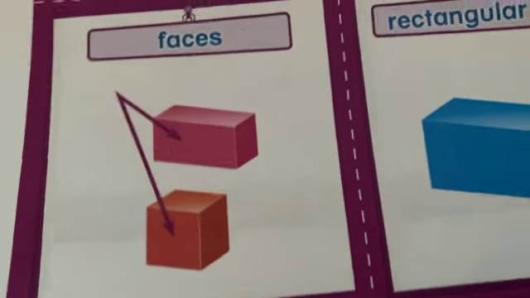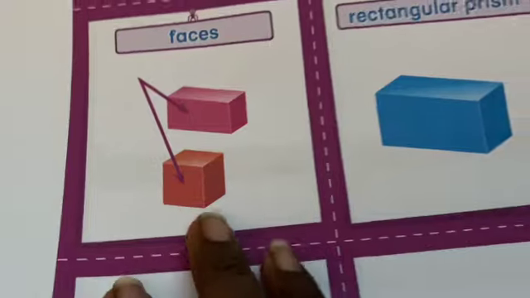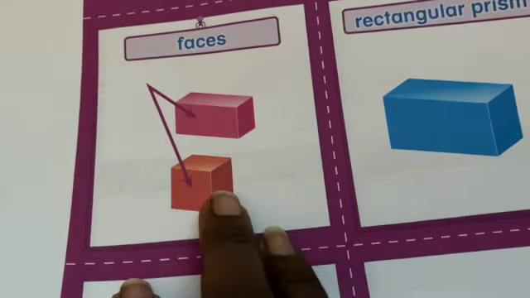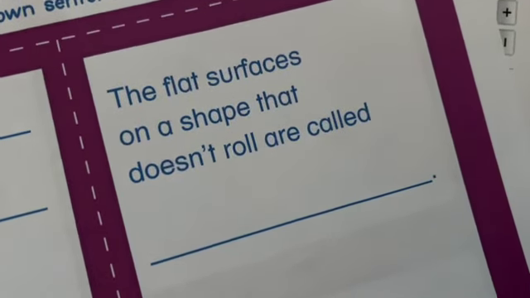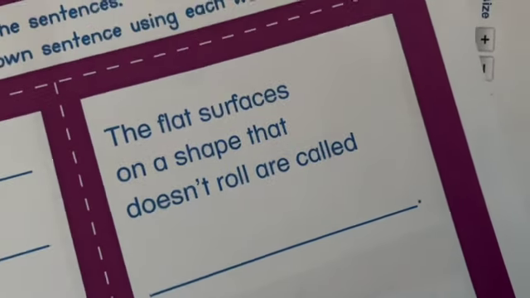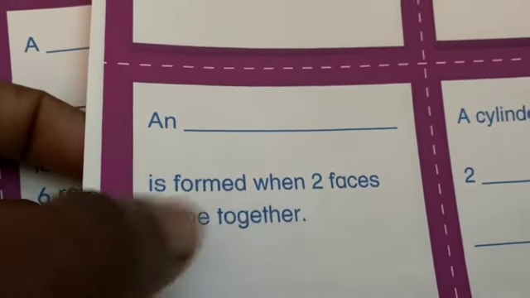Okay, so here we are with faces, showing the faces. So again, the faces. So the definition of that: the flat surfaces on a shape that doesn't roll are called faces. So back with this question here, a blank is formed when two faces come together.